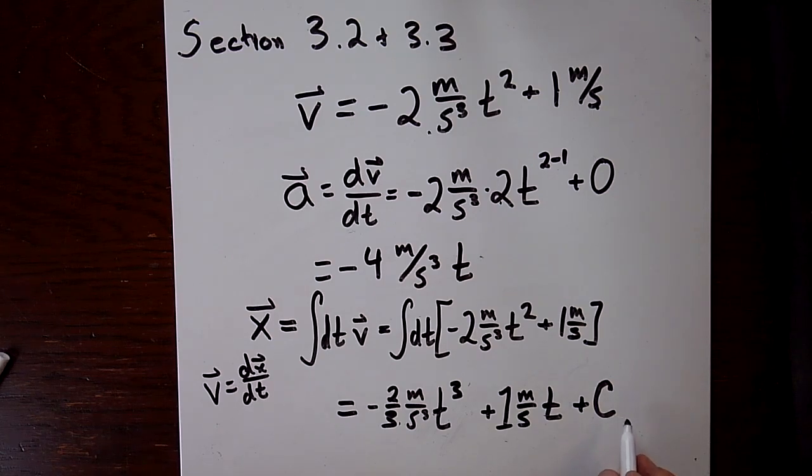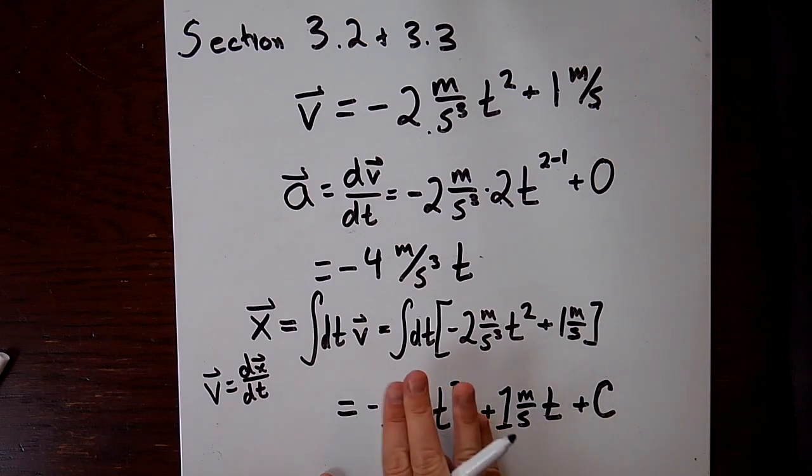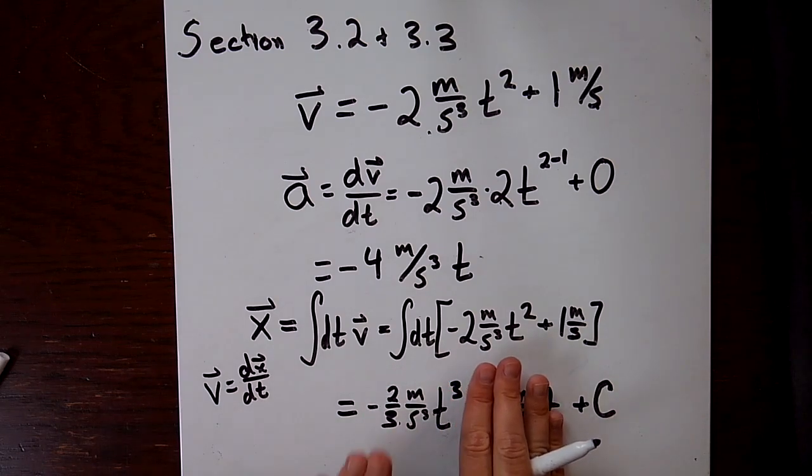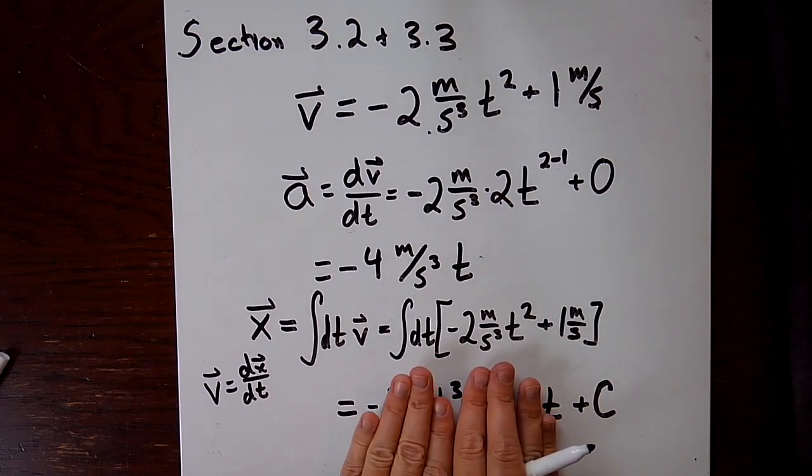But we can see, hey, if I knew where position was, where whatever I'm looking at was, when t is equal to 0, if I plugged in t equals 0 here, that whole term would be 0, and if I plugged in t equals 0 here, that term would be 0. Both these terms would be 0.